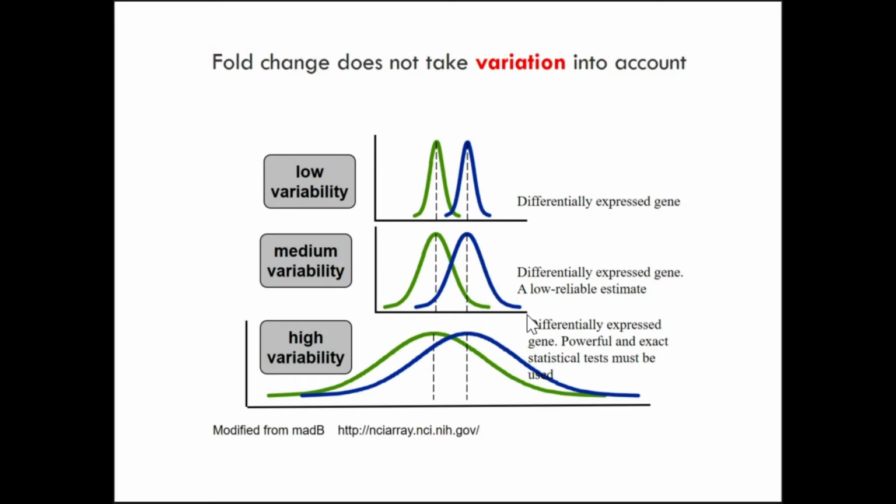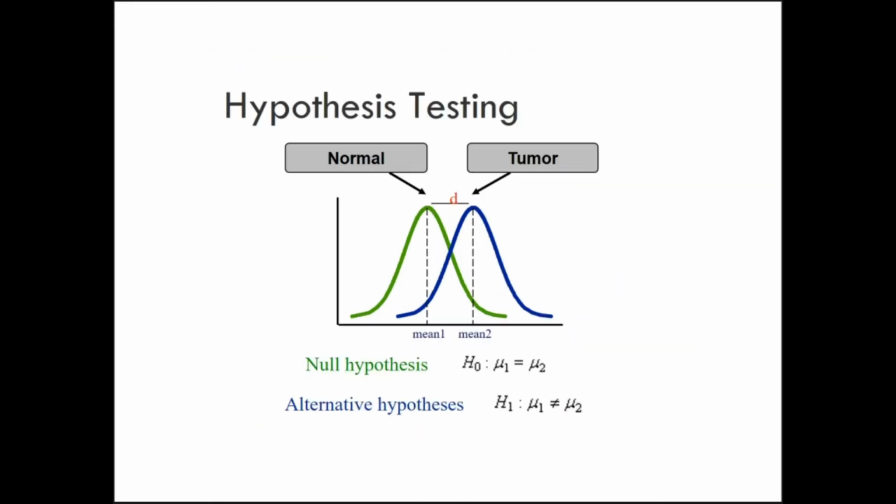This one is small, we call it low variability, and this is middle variability. And here are two groups with large variability. They have the same fold change, but we didn't look at the variations. They didn't give any test to show whether the change is significant or not.